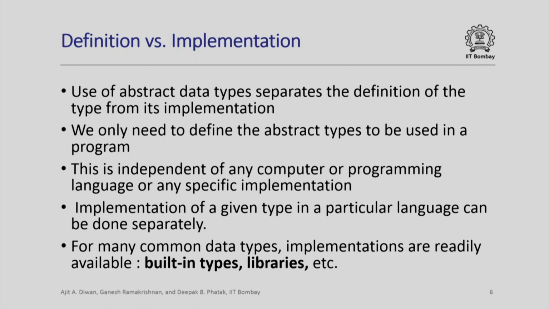If you do it once, any program that needs that abstract data type can use that implementation, and anybody using that type need not worry about the implementation at all. All they need to worry about is what is the abstract data type that they want and then look for an implementation of that.